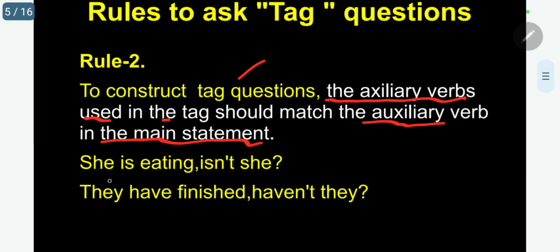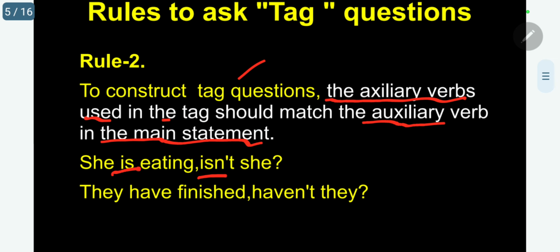Here the example: She is eating. So is is the auxiliary. The statement is positive, so the tag is negative: isn't she? Is not; we will not pronounce it in the short form.